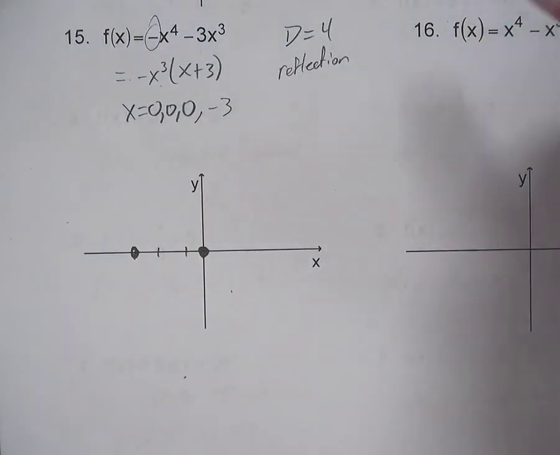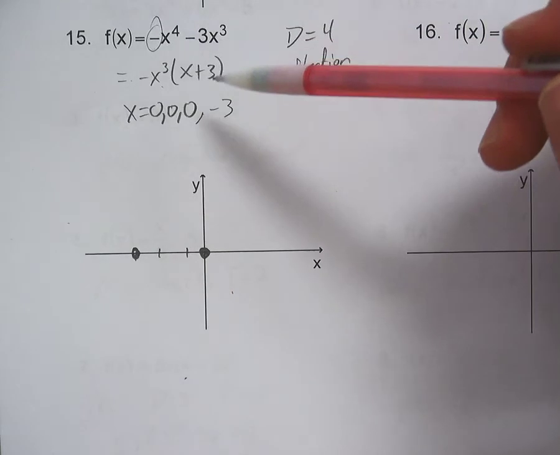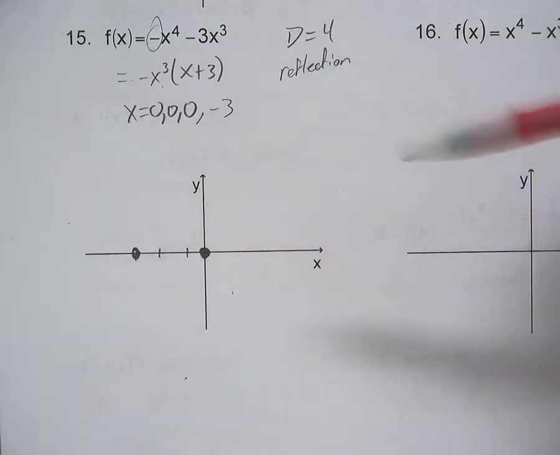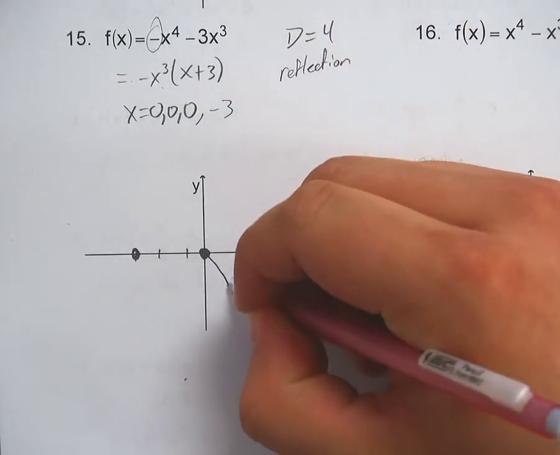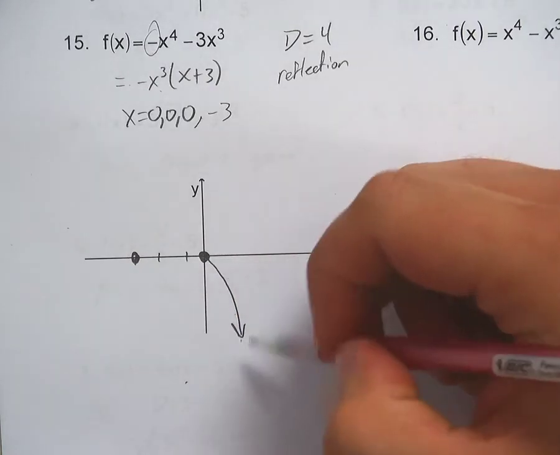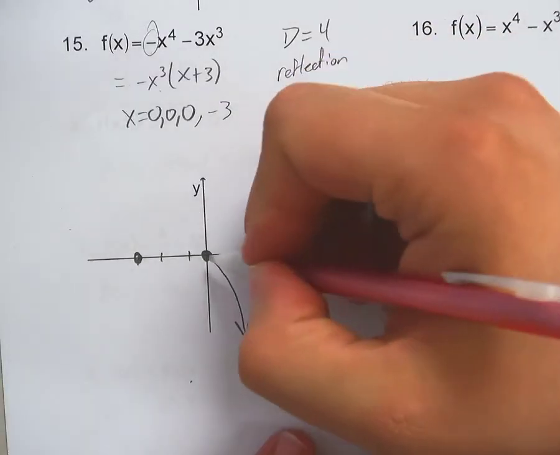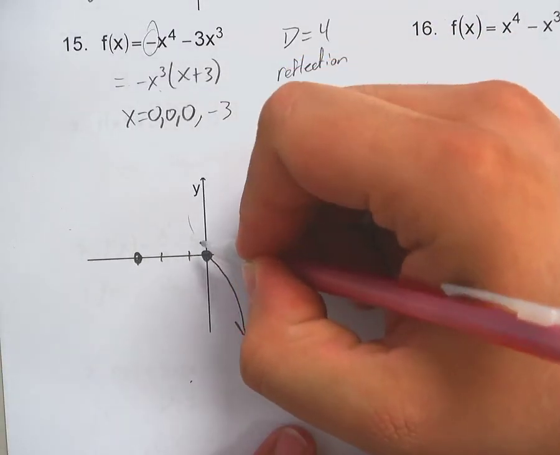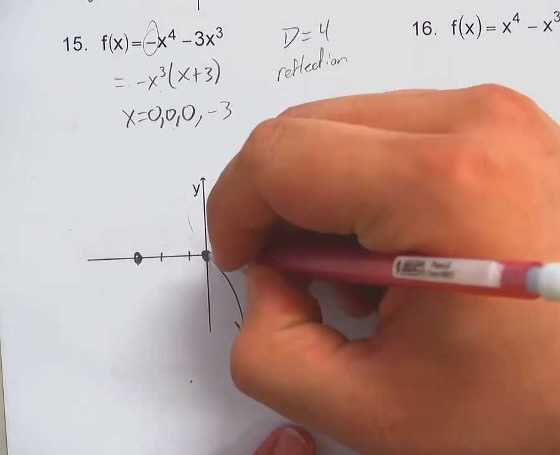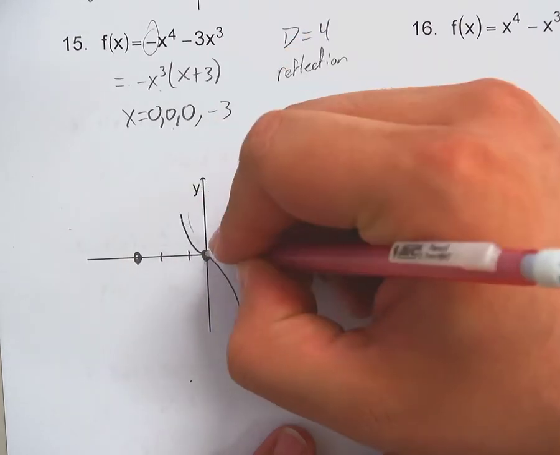Alright, so I'm going to look at what my right-hand side does. My right-hand side is going downwards. So I'm going to be opening down like this. My left-hand side here is going up. Now, because this is a triple root, I also have to change concavity.